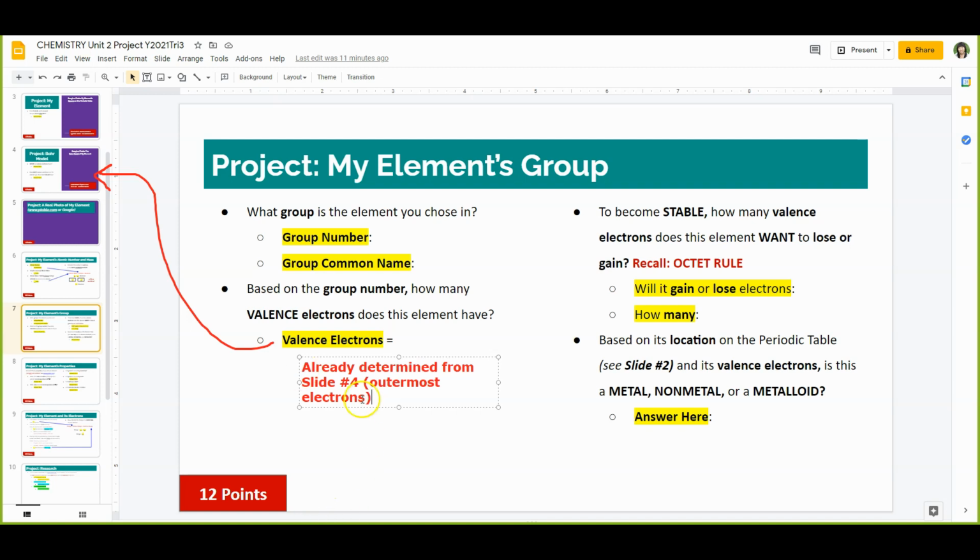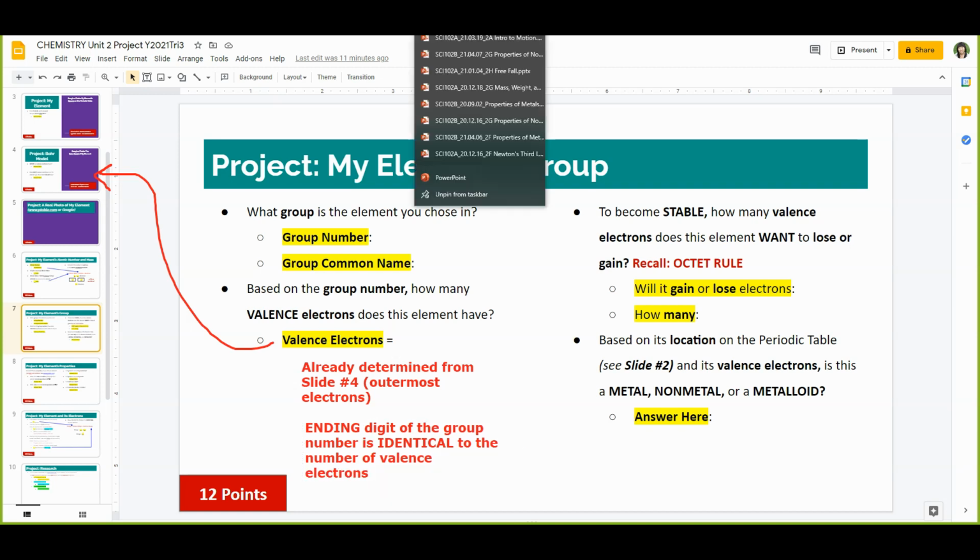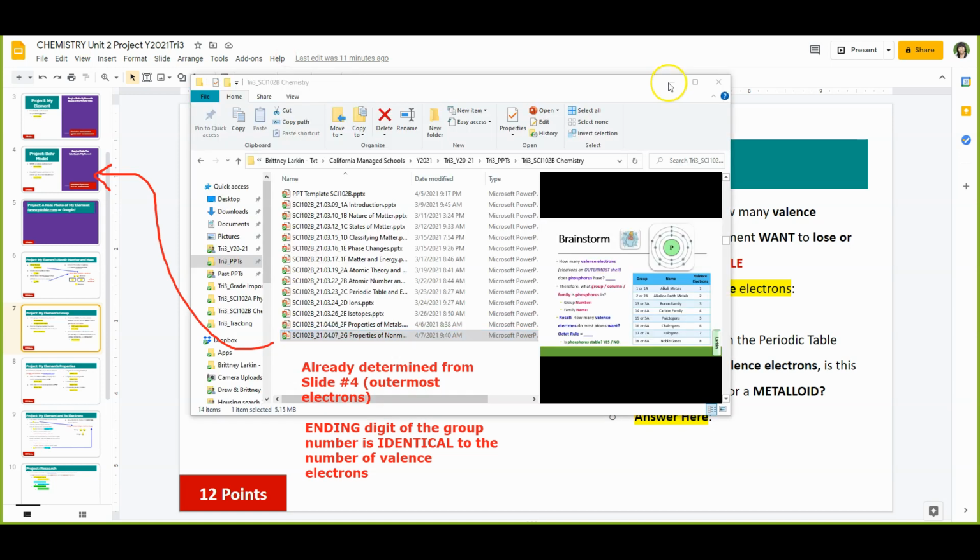However, even if you don't remember exactly what you put on slide number 4, remember that the ending digit of the group number is identical to the number of valence electrons. This is another thing that we talked about in class. So if I take a look here at our table, right?